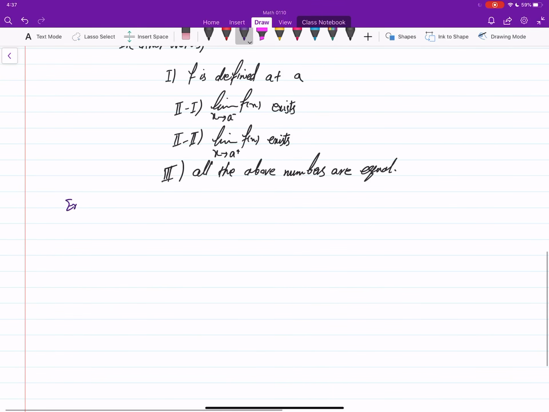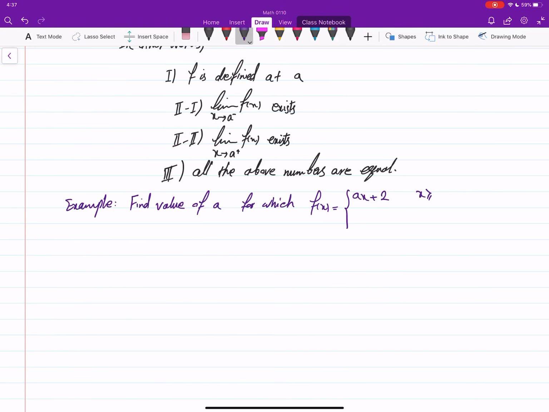Example: find the value of a for which f of x equals a x plus 2 for all x bigger than or equal to negative 2, and x plus 1 for all x less than negative 2, is continuous at all real numbers.